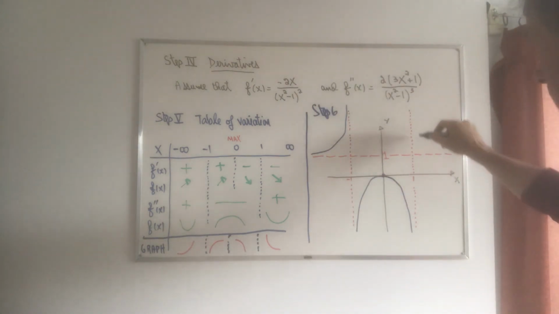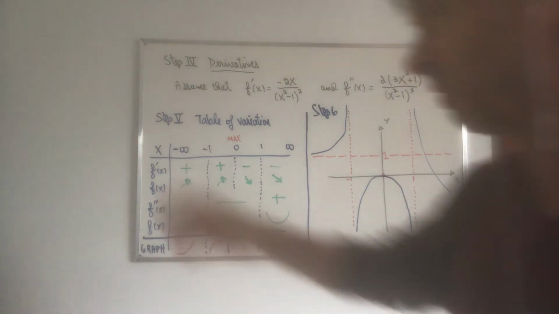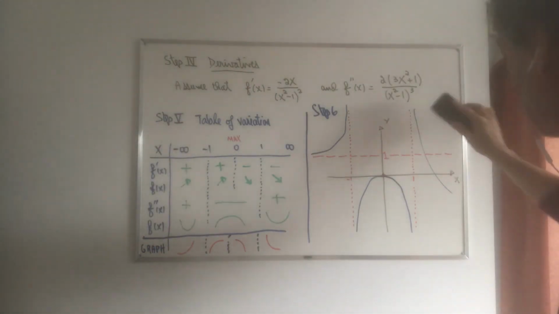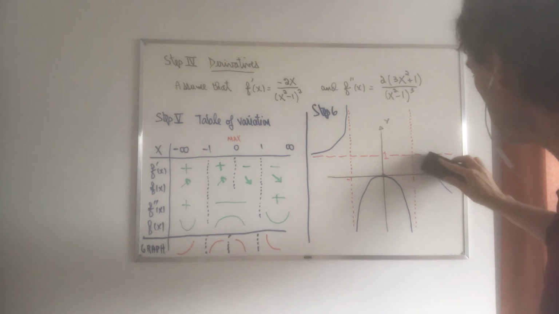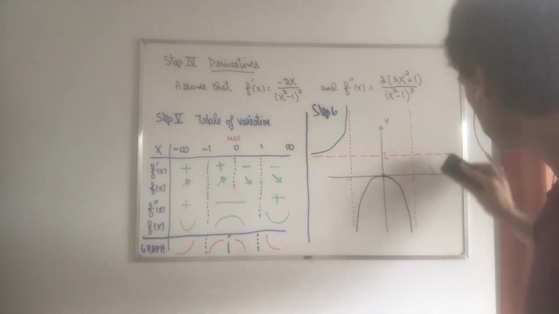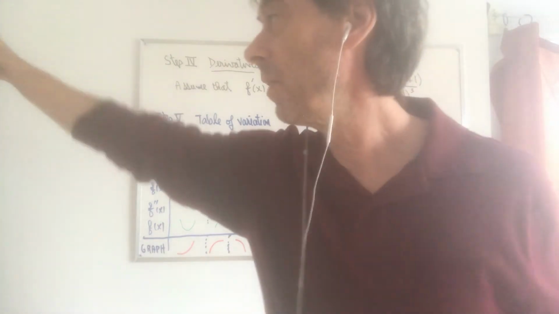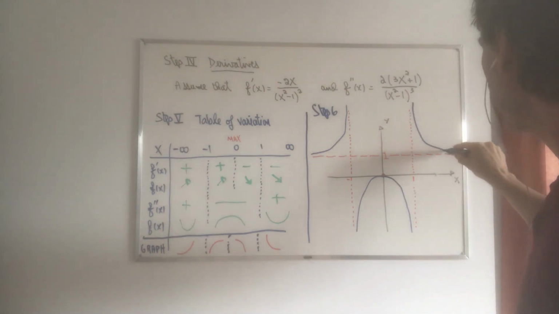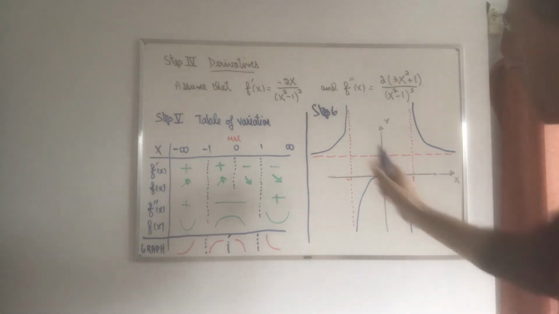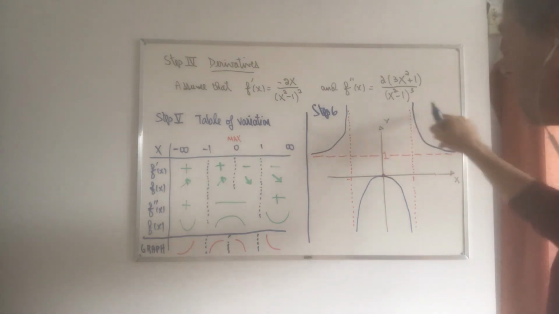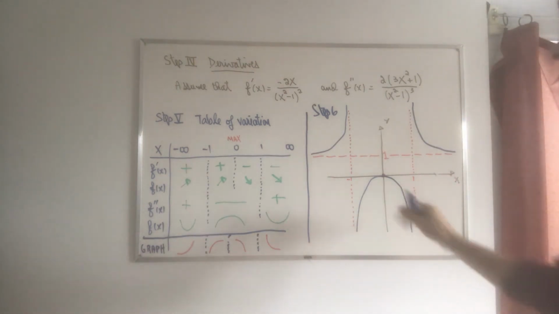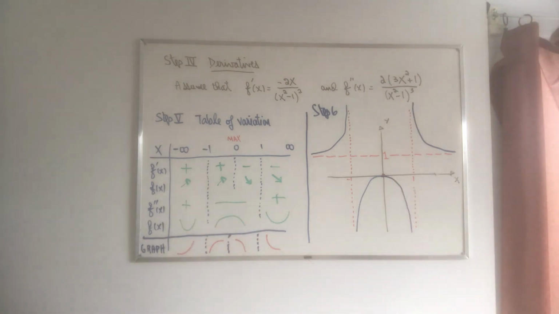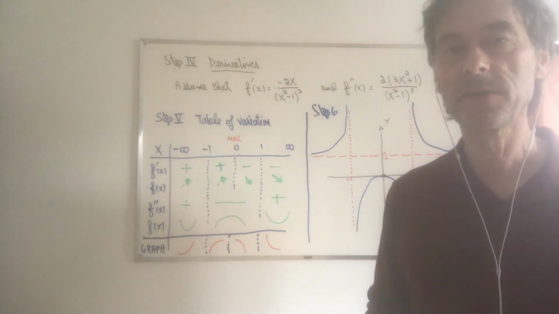Can I put that over here? Can I do this? I guess I could, but I would not respect my horizontal asymptote if I did that. So I'm not going to do this. I am going to respect my asymptote by putting it right there. You can see the symmetry, right, between this and that. And that, mesdames et messieurs, is the graph of f of x.